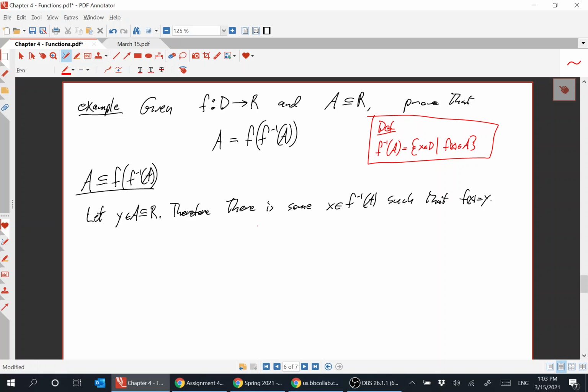Oh, I'm sorry, this is actually not true. It's the other way around. The preimage of the image of A. Sorry.